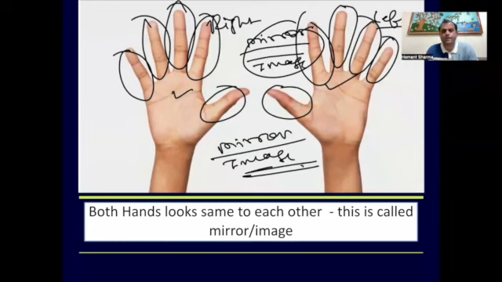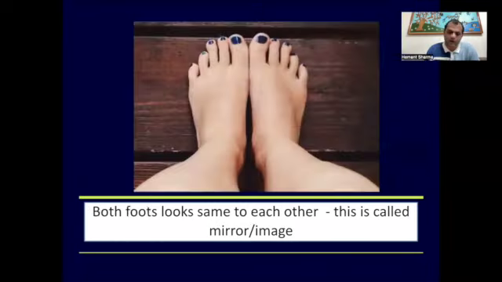In the same way, both feet look the same to each other. The great toe looks like the great toe. The index toe looks like the index toe. So each respective toe looks like the other respective toe. So this is called mirror or image.